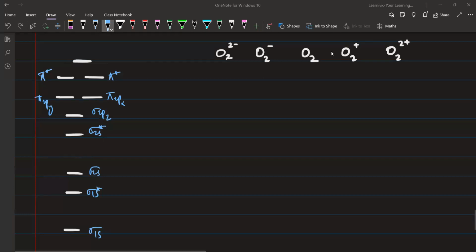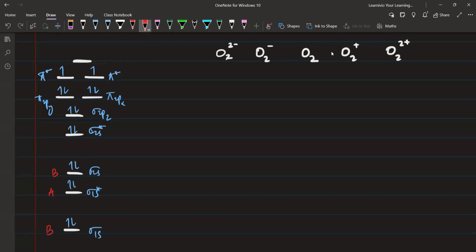First of all, we will look at O2. In O2 we have to fill 16 electrons. Very easy. 1, 2, 3, 4, 5, 6, 7, 8, 9, 10, 11, 12, 13, 14, 15, and 16, like this. Let me label them as BMO or ABMO. This is bonding, anti-bonding.